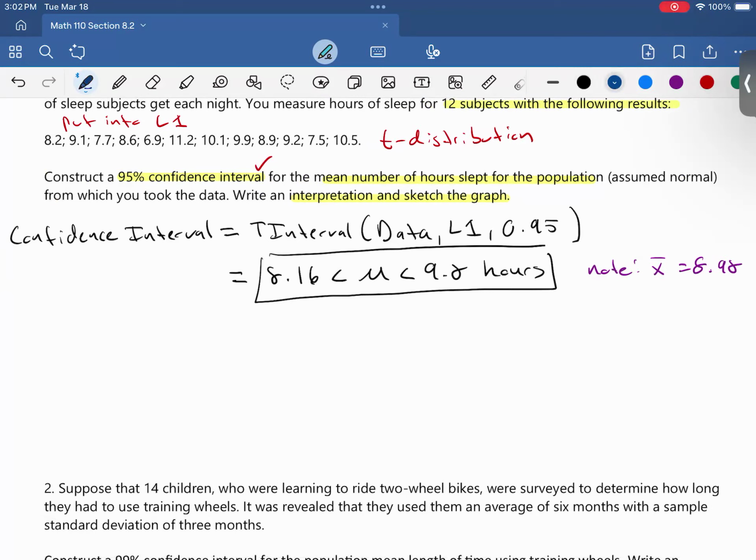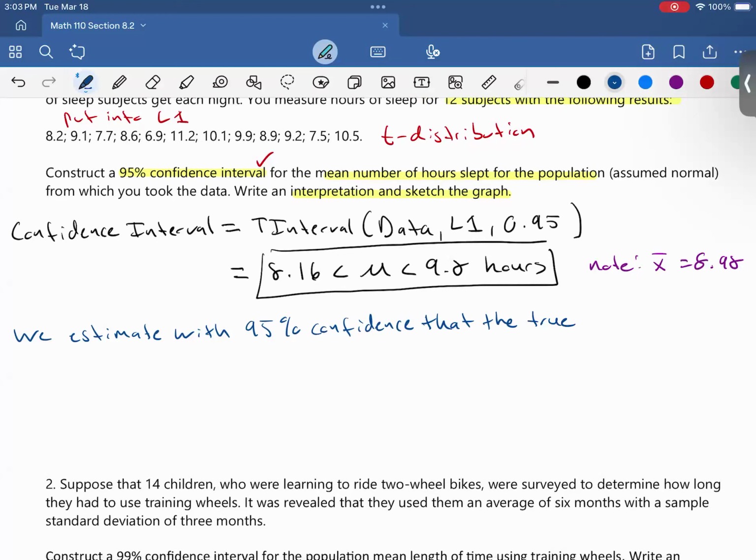Let's write out an interpretation now. The interpretation is going to be: we estimate with 95% confidence that the true population mean number of hours slept is between 8.16 and 9.8 hours.